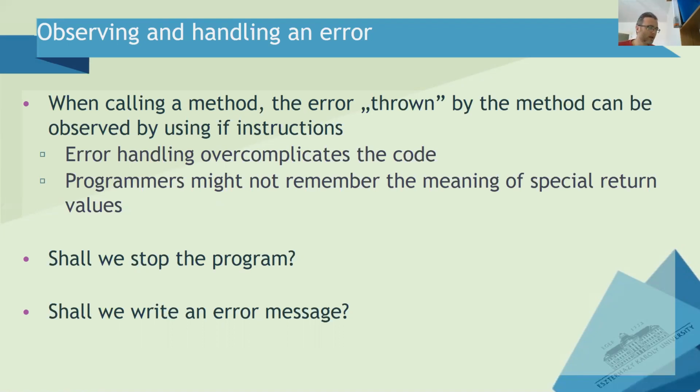If someone remembers this in a wrong way, someone makes a mistake and handles another kind of error, then some critical problem could happen. Yeah, and so on. So this old-fashioned error handling suffered from several problems.